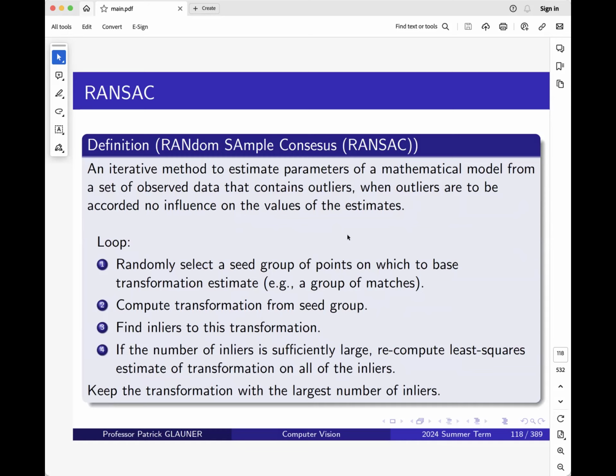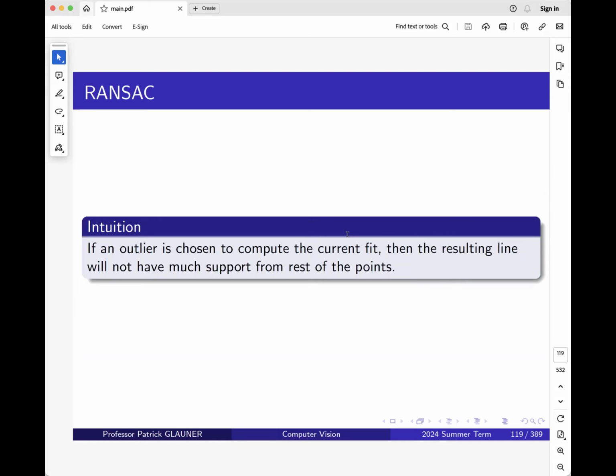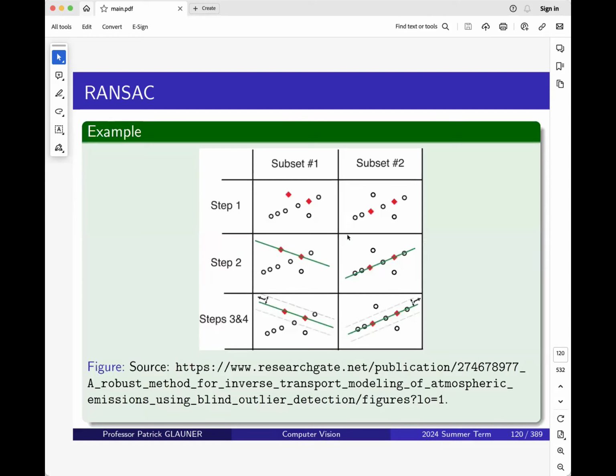Before we look at the RANSAC algorithm, how it works, I have an example here for you. We have our data set, which are these points, including these 2 points that are already highlighted red. And what I want to find in here is a straight line in this data set.